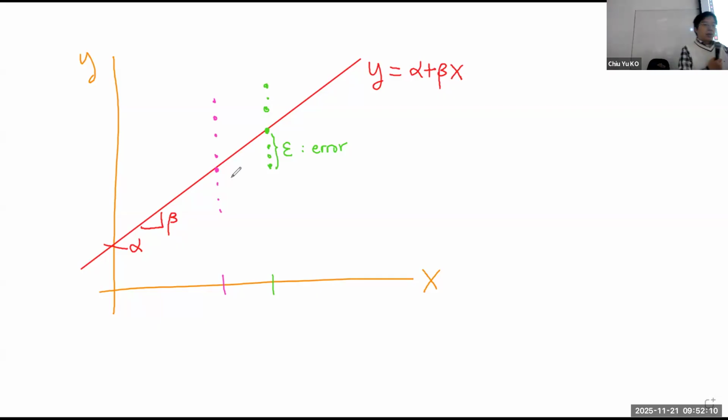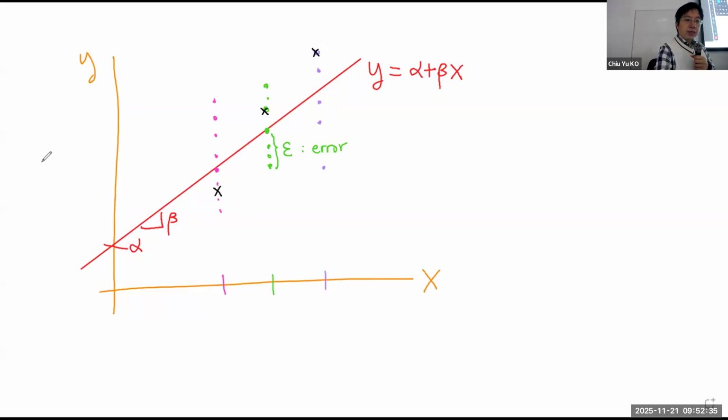So why did we say the A and B are random variables? Because you may say, let me make another one as well. When you run the regression, your data may be somewhere like this one, this one, this one.